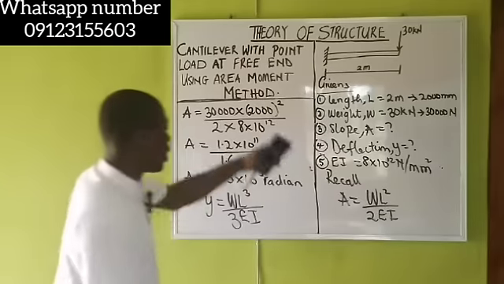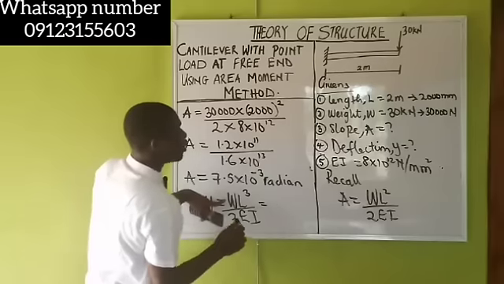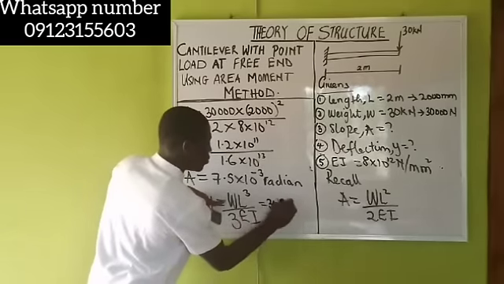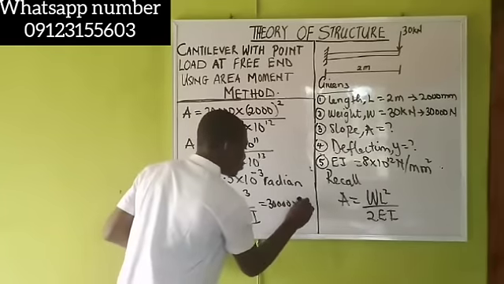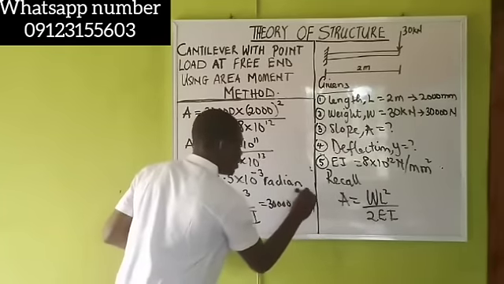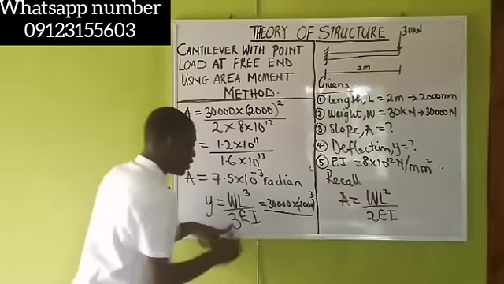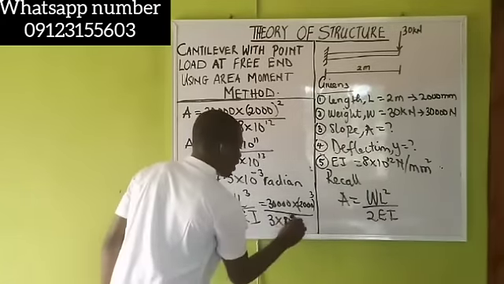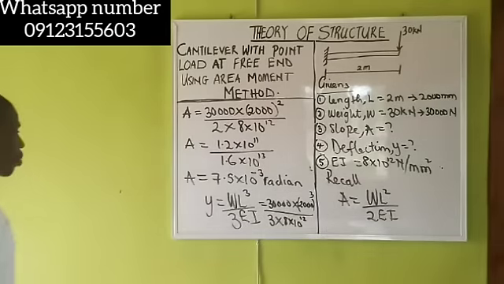Before I clear out the necessary parameters here, W is what, please? That's 30,000. Multiply L, which is 2,000, to the power of 3, over 3, multiplied by EI, which is 8 times 10 to the power 12. Correct?